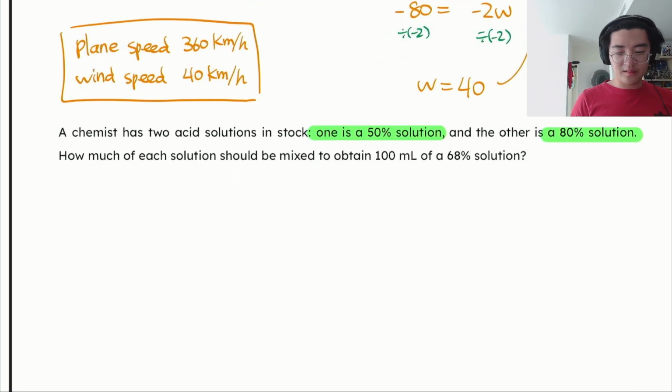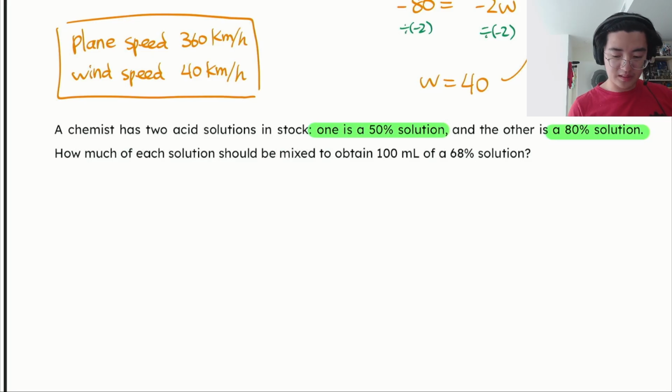Now, our goal here is to obtain 100 milliliters of a solution that's 68% concentrated. So now we have to figure out what to do. What's our variable?